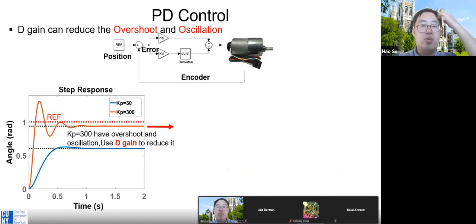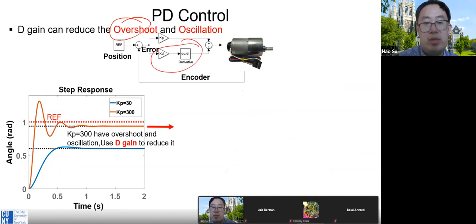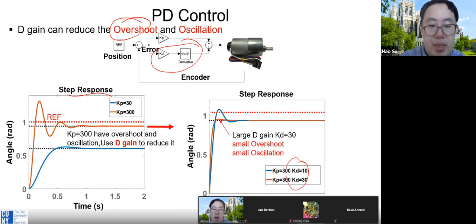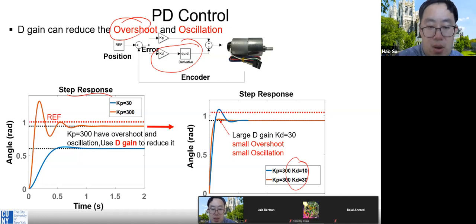So one solution to reduce the overshooting is we add a D term. Here we add the derivative term, and from the original controller on the left, if you add KD, you see the orange line has a really nice tracking performance, and we get a smaller overshooting.